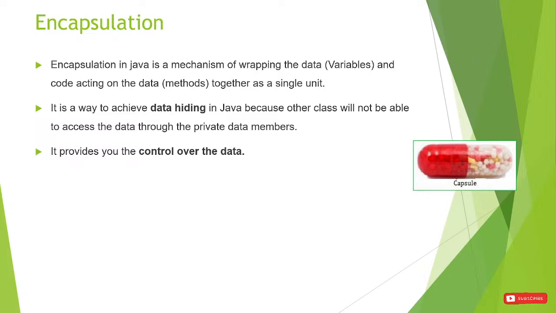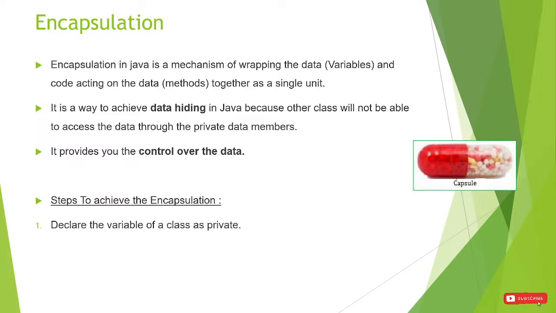After that, there are some steps to achieve encapsulation. The first step is to declare the variables of a class as private. Whatever number of variables you write inside the program, all of them need to be marked private.